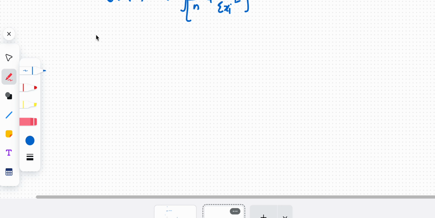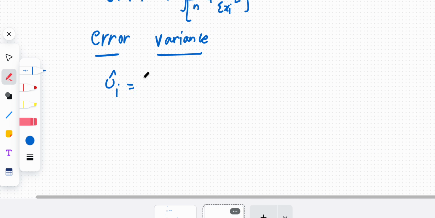Now, error variance. Yes, this would be my error variance. I'll just calculate it. No, I'll not. Wait, actually, this would be a bad idea. A very bad idea. You know my error variances.